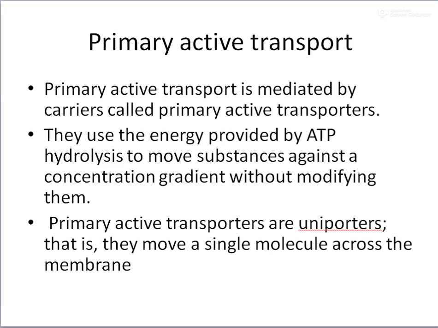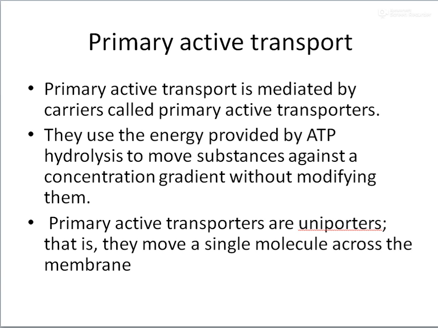So the key features of primary active transport are that it requires energy, ATP hydrolysis happens when substances are transported across the plasma membrane, and the substance being transported is not modified. That is the case of primary active transport.